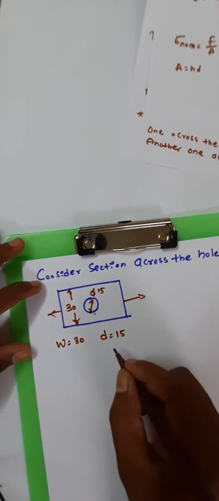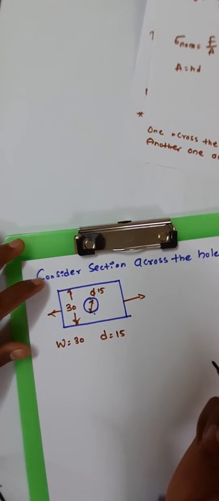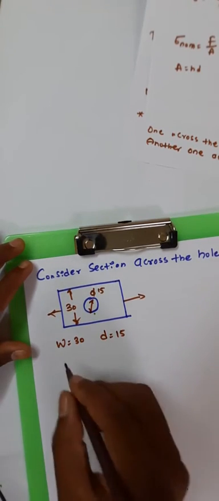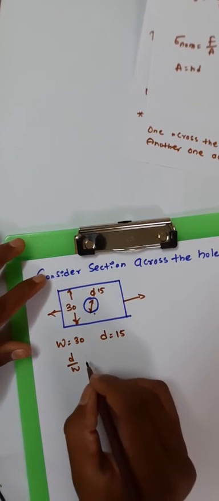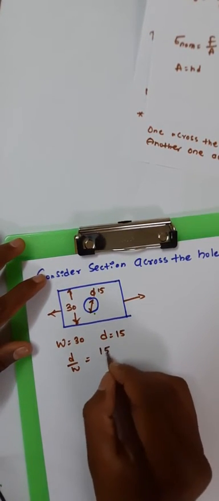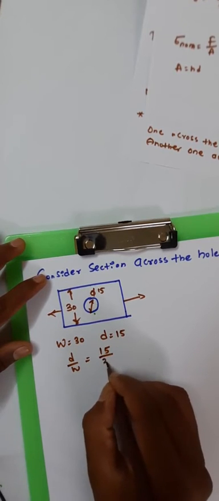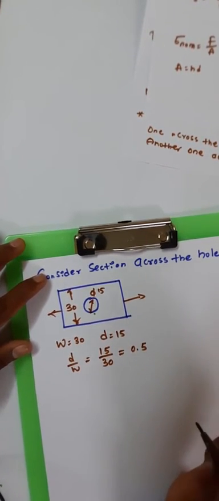Here, instead of R by D as well as D by D, what we need to find out is the D by W ratio. We know that D is equal to 15 mm, W is equal to 30 mm. If you simplify this, we will get 0.5.